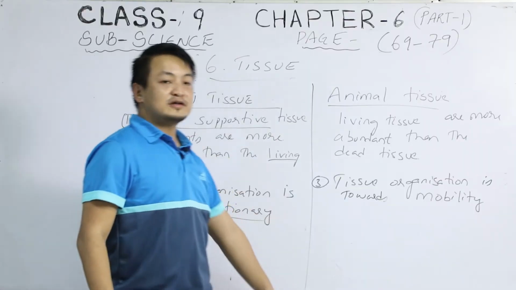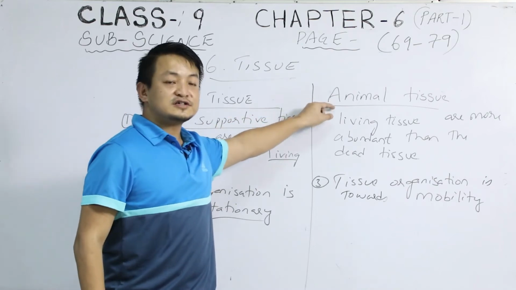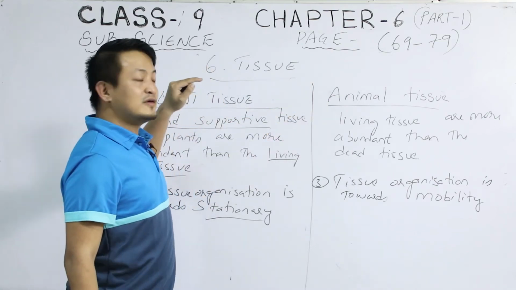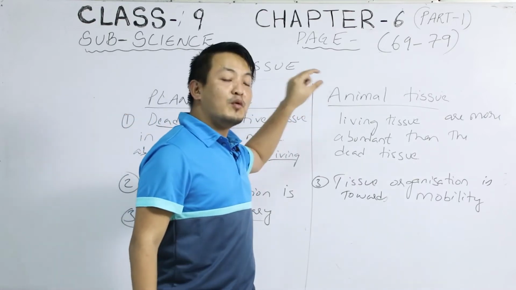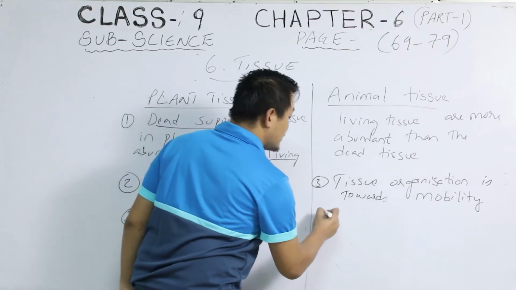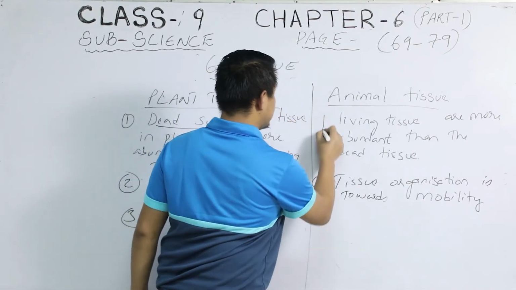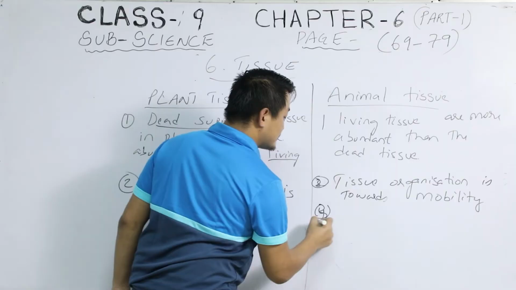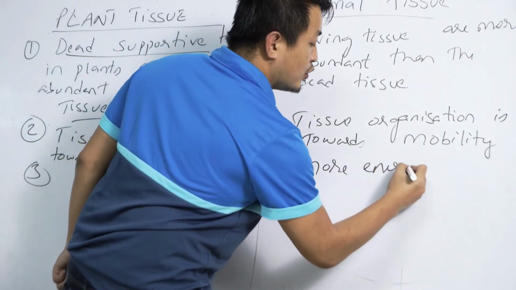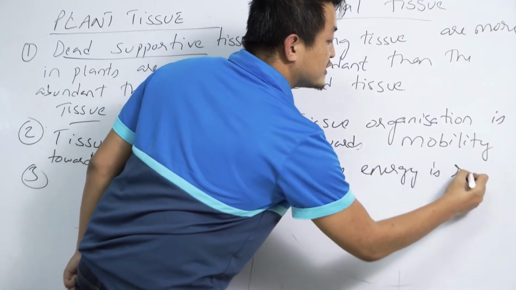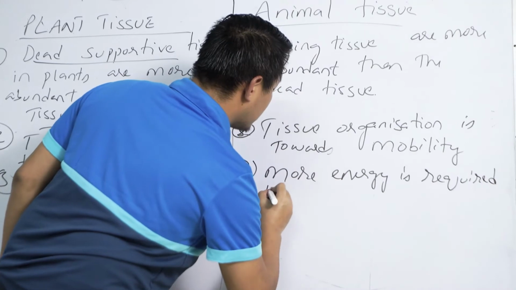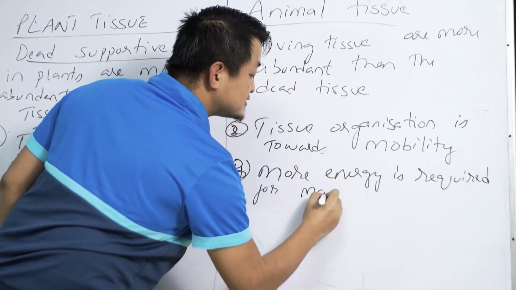Okay, now students, the third point. Now let's talk about energy. Who will need more energy? It's animal tissue or plant tissue. Now animal will need more energy for maintenance. Okay, so this is the first point, second point, and third point. Now more energy is required for maintenance.